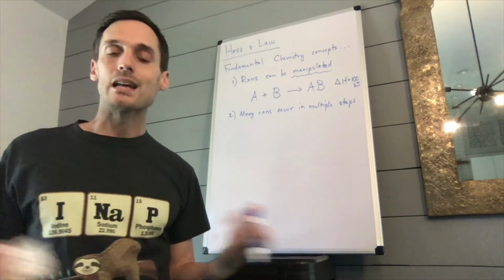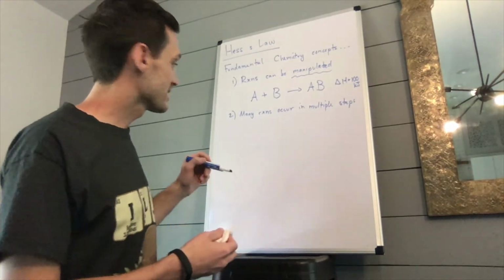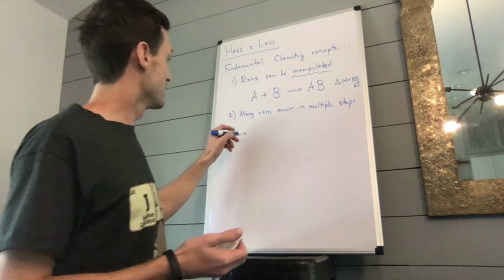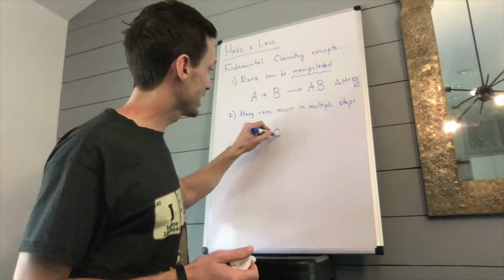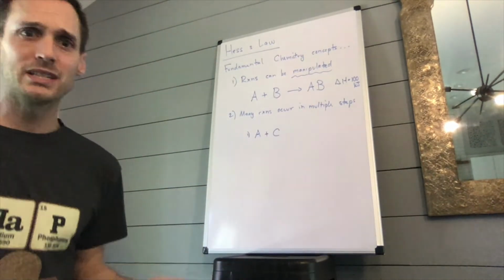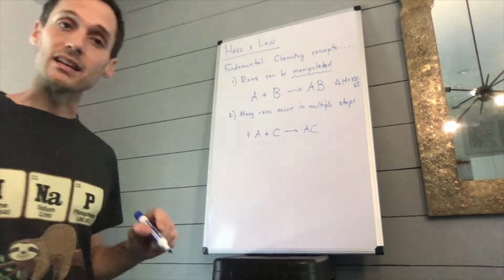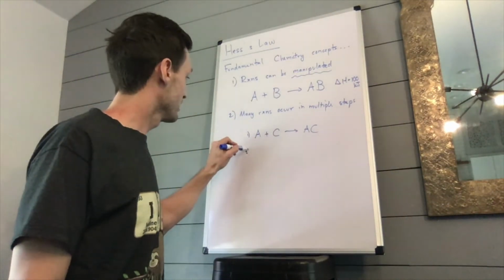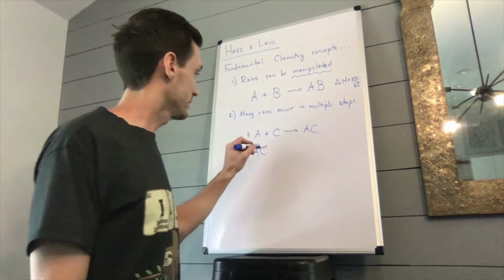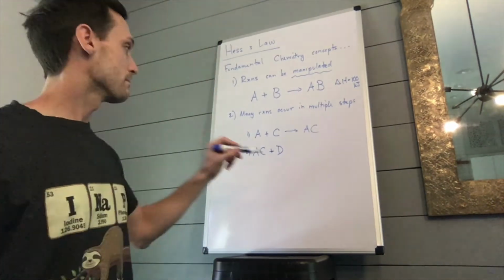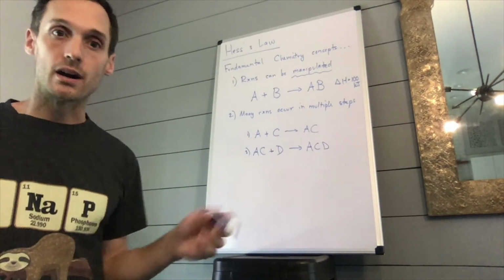But chemistry, of course, is not always that simple. So an overall reaction that looks like this might occur in multiple steps. Let's say our first step is that A actually has to react with another element, C. They create AC. Then that AC reacts with another element. Let's just say it reacts with D to create ACD, another compound.